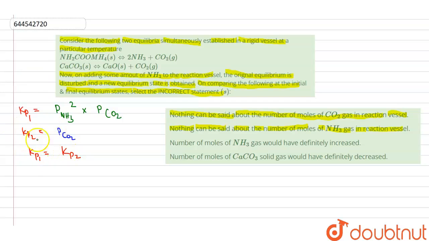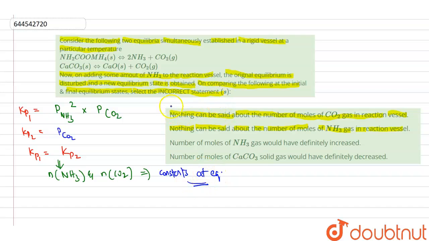That tells us that the number of moles of NH3 and the number of moles of CO2 will remain constant at equilibrium.